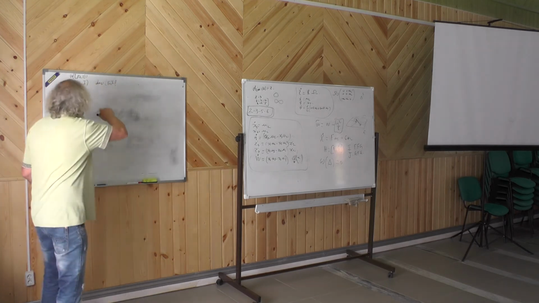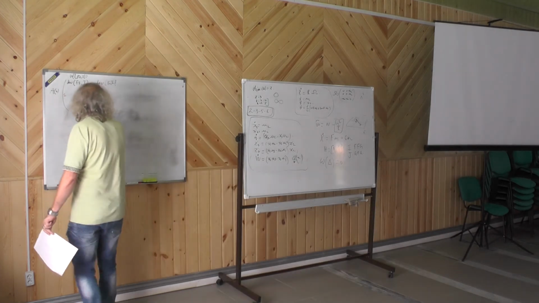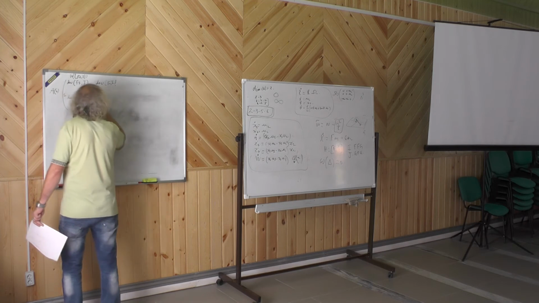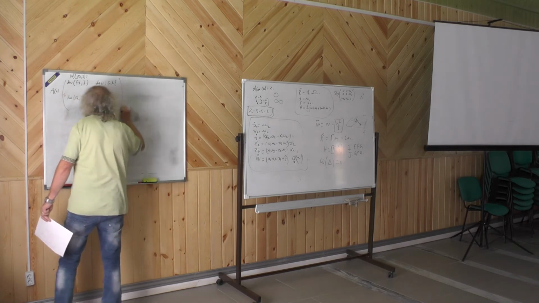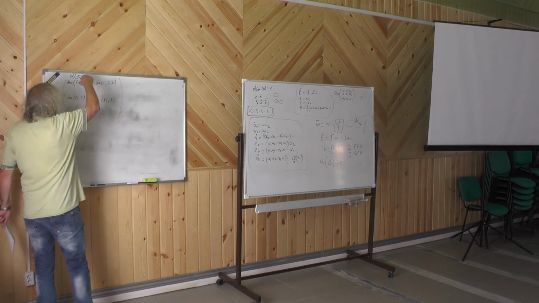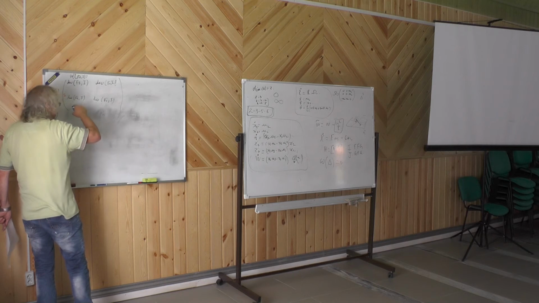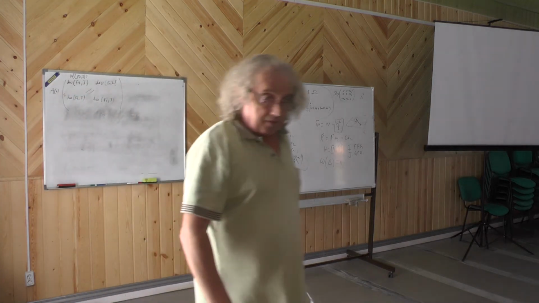So these vectors are all in delta 3. And d omega (F1, G), d omega (F2, G). And due to the fact that you can replace by brackets, and due to Jacobi identity, this matrix is symmetric.